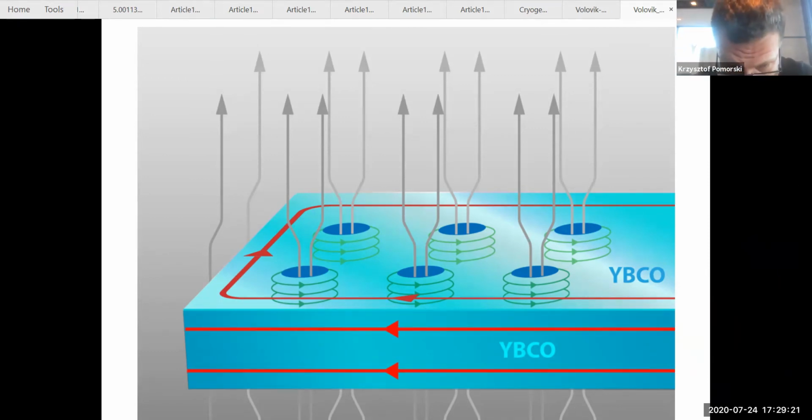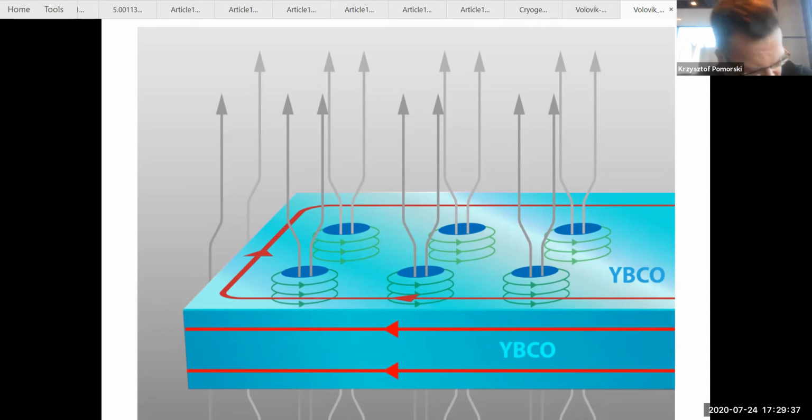So there is like a vacuum, and suddenly you bring an external magnetic field that is going to punch the superconductor in some small areas where the superconductivity order parameter is smaller.